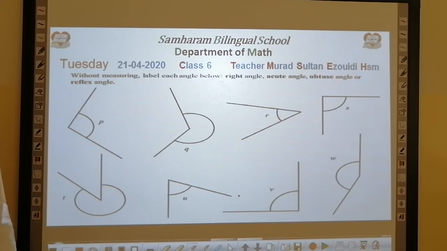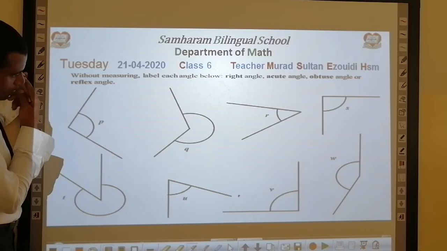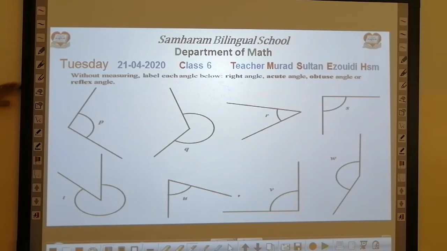Good work. The next. Here, without measuring, label each angle below: a right angle, acute angle, obtuse, or reflex angle. Okay, let's start from this one. In your opinion, is it 90 degrees? Yes or no?